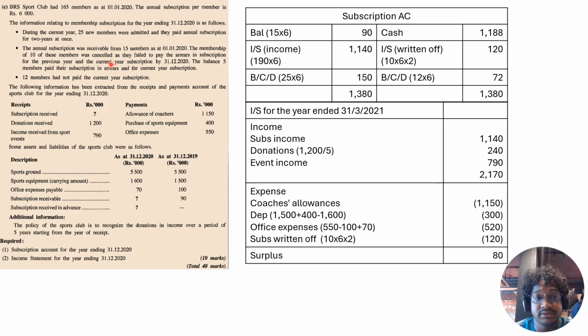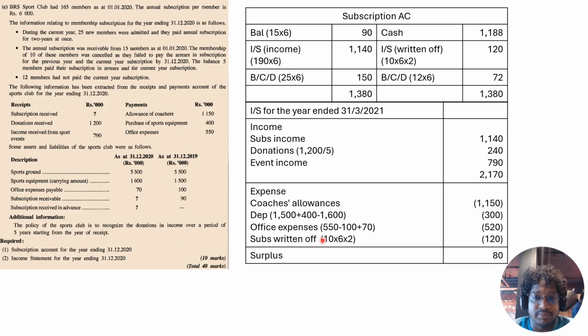So the subscription was written off for those 10 members because they failed to pay the arrears for the last year and the current year subscription. So that subscription written off, you have to identify it as an expense, right? So subscription account you should credit.